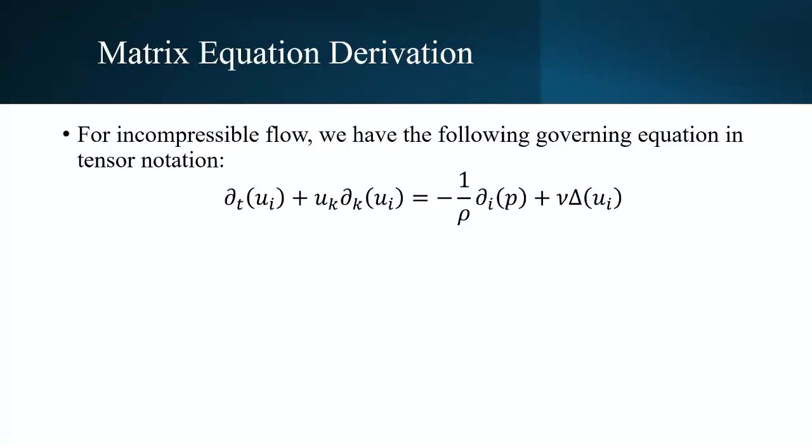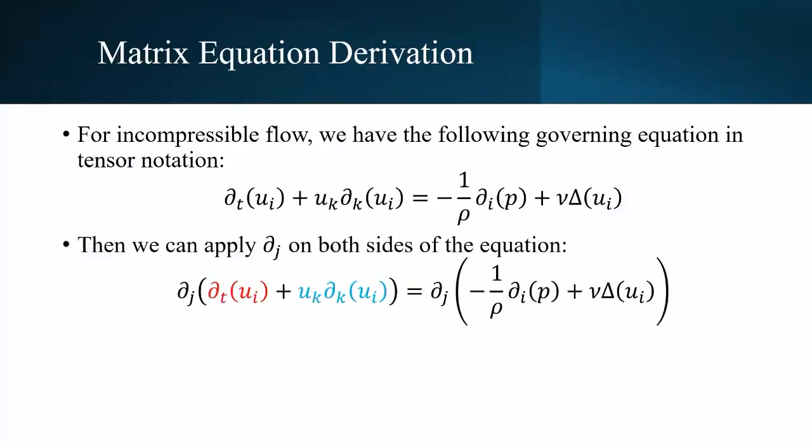Here, double k means summation. That equals negative 1 over density rho times partial i of pressure P plus this new, the kinematic viscosity, times Laplace of u_i.